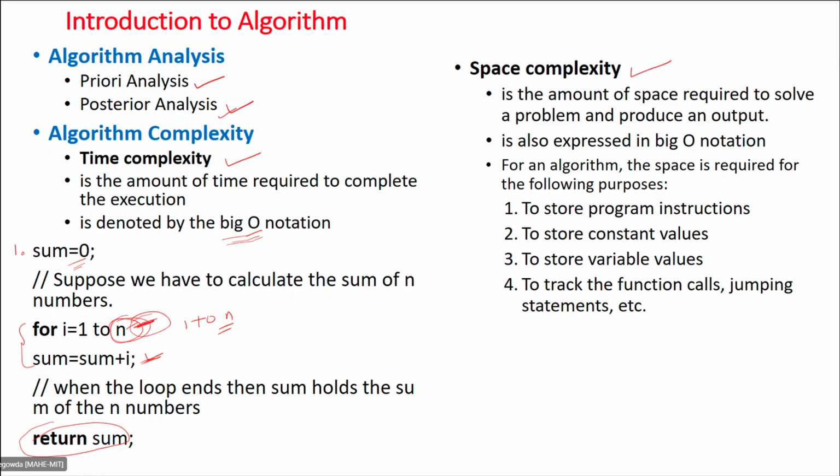For any given algorithm, we need to consider the space complexity also, because we are going to build an algorithm that is either time constrained or space constrained. An algorithm's space complexity is nothing but the amount of space required to solve a problem, that is, how much space is required by the algorithm.